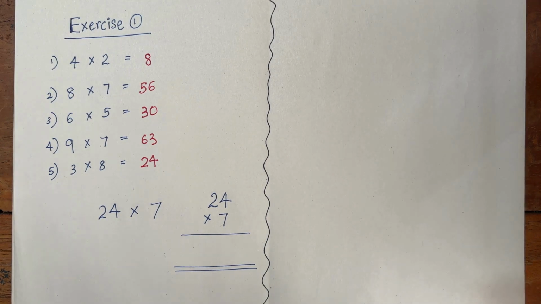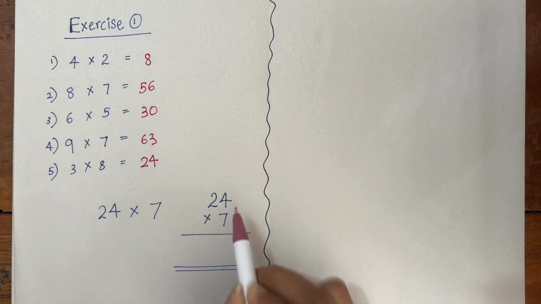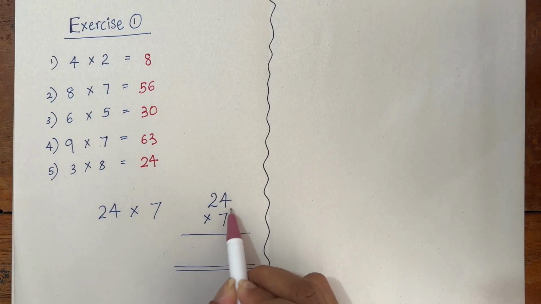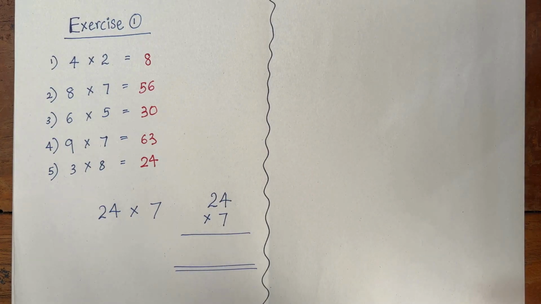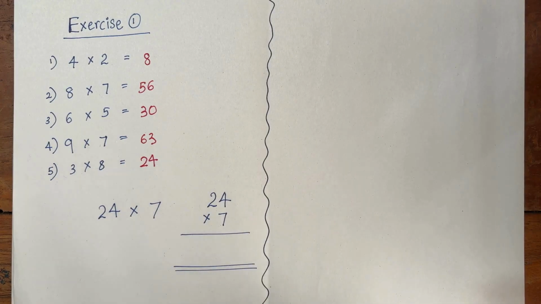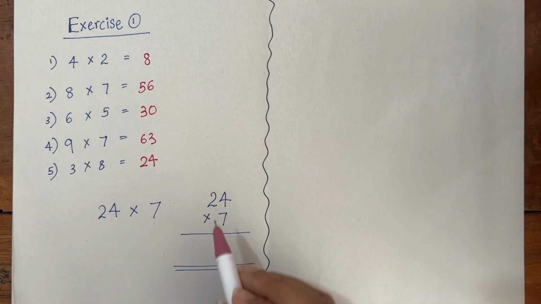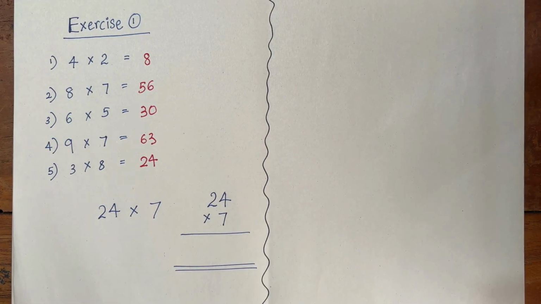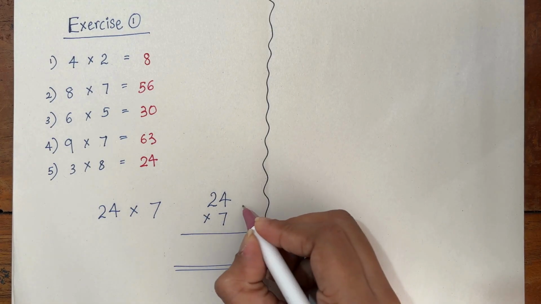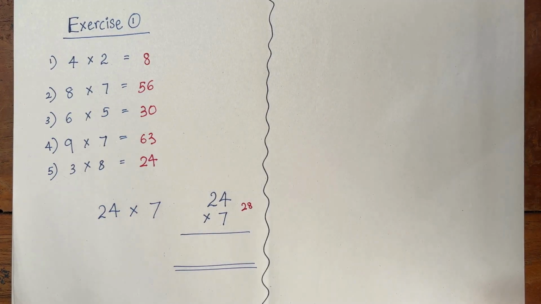So here when we multiply, we have to consider the place values, okay? What is the place value of 4? 1's place. What is the place value of 2? 10's place. And what is the place value of 7? 1's place. You have to remember that. Okay, 7 times 4. Do we know 7 times 4? Yes, it is easy to remember, no? 7 times 4 equals 28.